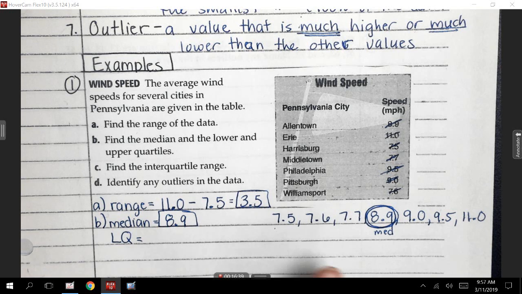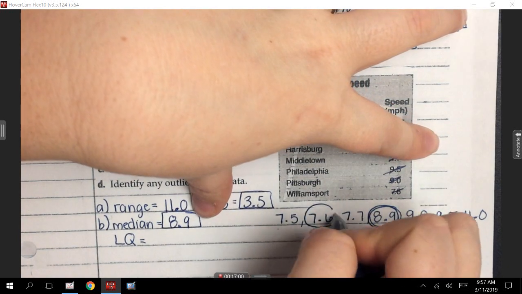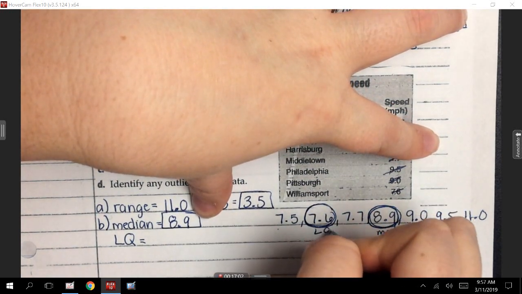Okay, so on the lower half, now what do I need in the lower half? So those are my lower half numbers, but which one of those is going to be the LQ? How do I tell what the LQ is? Layla? Which one's in the middle? So what's in the middle on the bottom? 7.6. So I'm going to circle that, and that is my LQ.